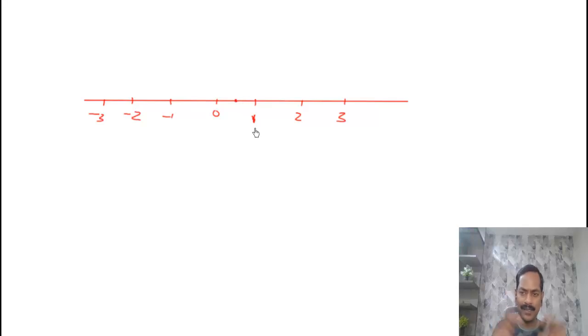By simple logic, the midway is half the portion away from 0 and half the portion away from 1. So clearly this is nothing but half, because if this is 0 and this is 1, then this is the midway, and we generally represent the midway by half. So this is the number which is getting represented, which involves two integers, right?